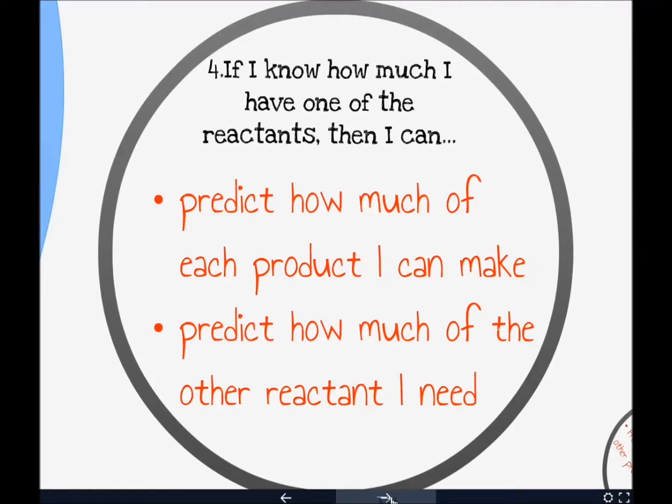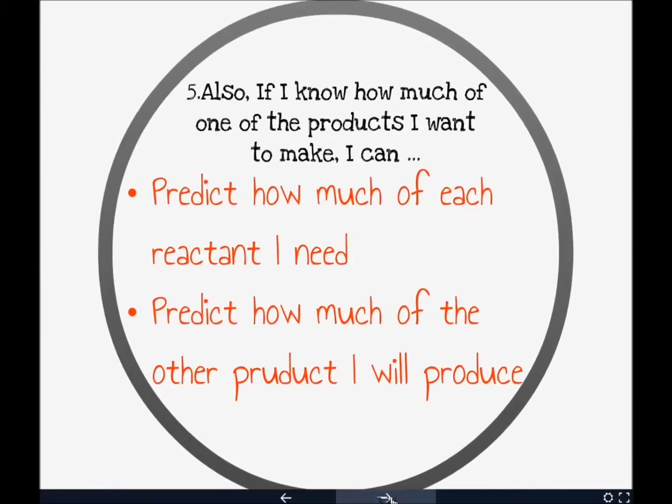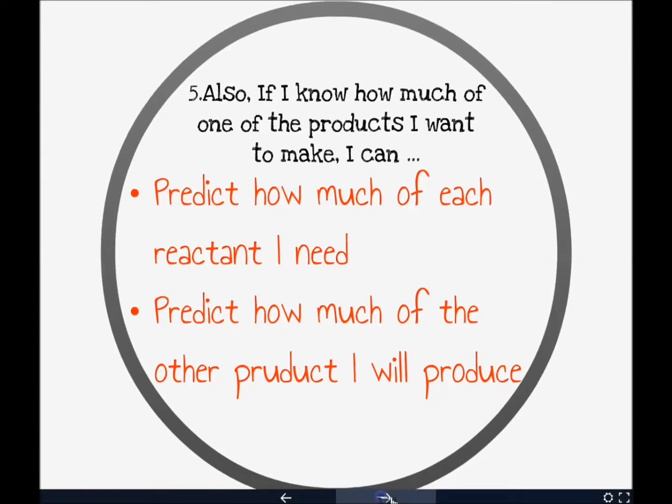So if I know how much I have of one of the reactants, I can predict how much of each of the products I can make. I can also predict how much of the other reactant I need. Also, if I know how much of one of the products I want to make, I can predict how much of each of the reactants I need, and I can also predict how much of the other product I will produce.